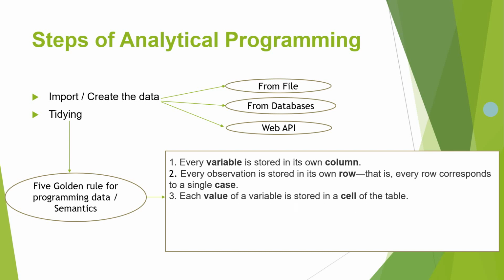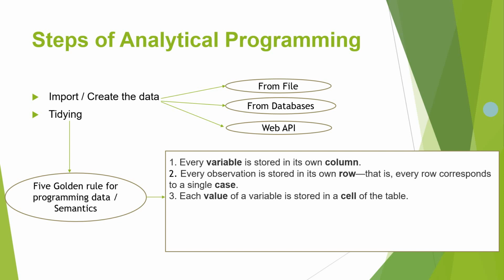Each value of a variable is stored in a cell of the table. So there will be two-way tables, where you have multiple columns and multiple rows. Each cell represents a single value. For example, if you are asking for an address, and the person provides their house number, city name, area code and country code, so they are providing multiple details.